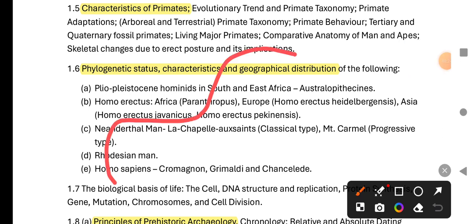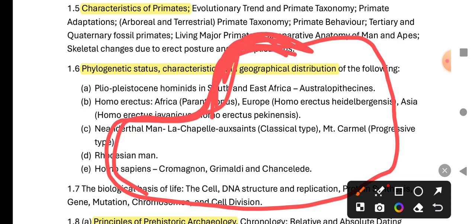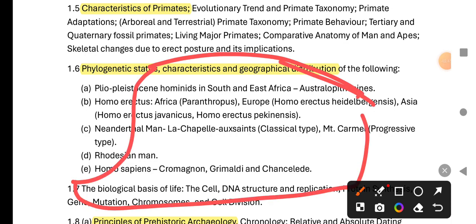You should remember this is the Australopithecus forehead, vertically erected, slightly backward. It becomes somewhat vertically structured in Homo erectus, and convex in Homo sapiens.